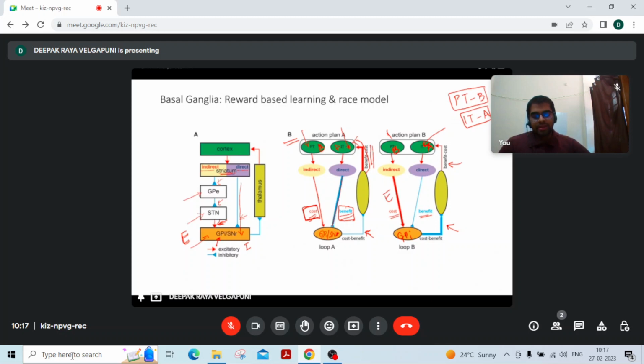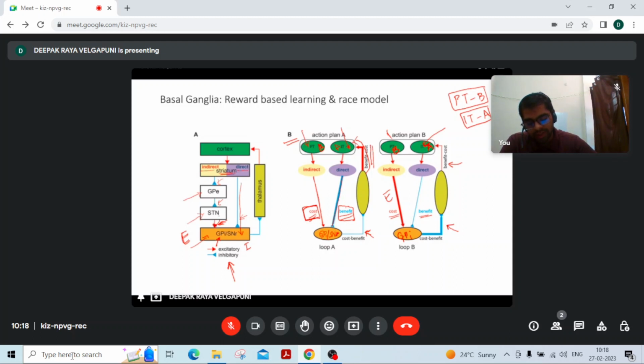Now let's see a model of basal ganglia where it is used in reward processing. This is also called a race model because you have two actions and there is a race between them, some kind of competition, and you have to select one action based on cost-benefit evaluations. We have seen these connections. From subthalamic nucleus, you have excitatory connections.